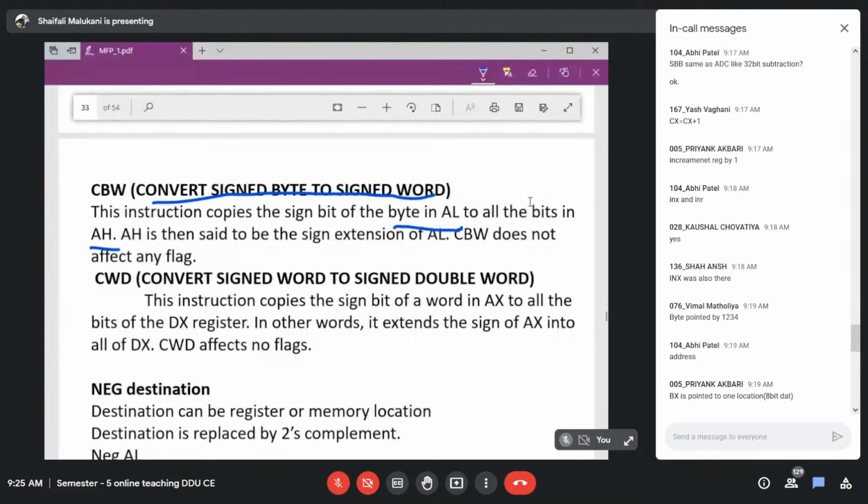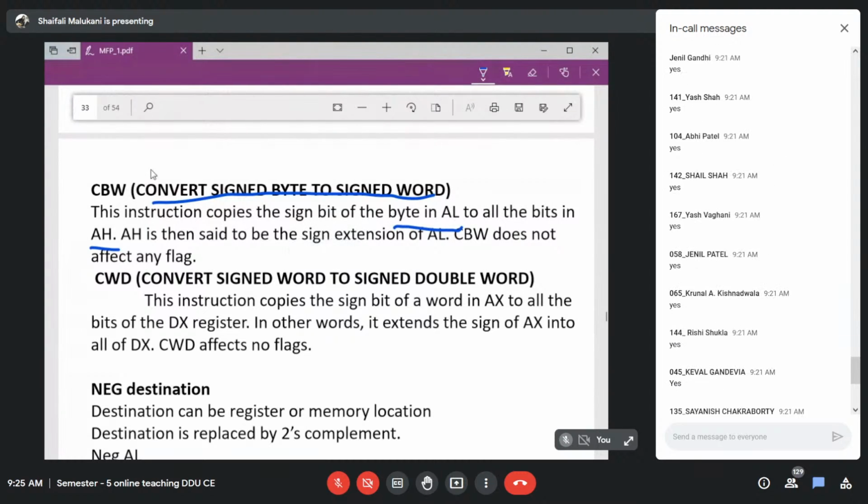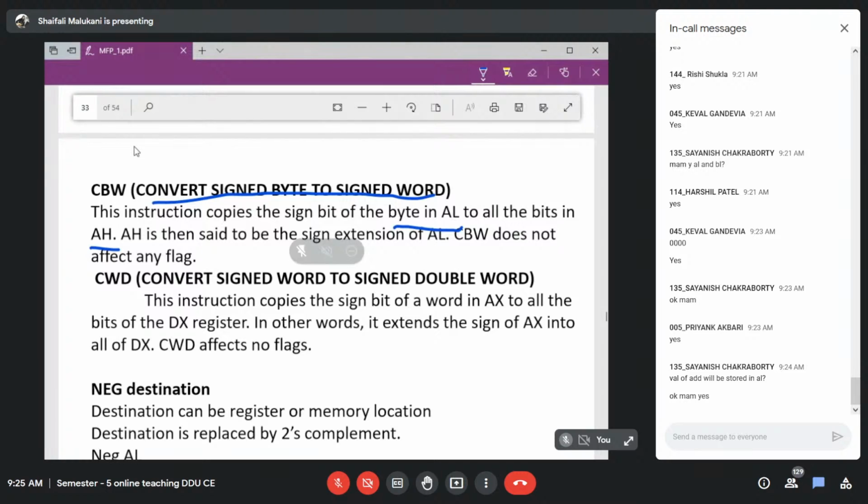The MSB of the byte is copied. Why will we need it? We will need it in certain cases, but right now this instruction is given to us. We will use it in certain applications. When it is needed, I will let you know, as I will let you know about LAHF, SAHF.